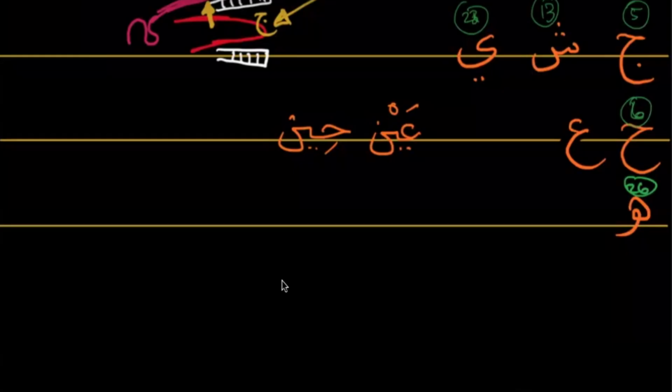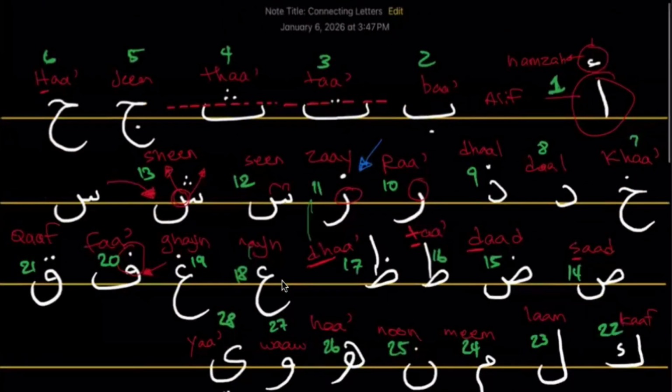As for ha, letter number 26, its real sister is letter Hamza. Hamza makes the sound ah. We're going to designate it as letter number 1, Hamza. Up here, see Alif? You know the letter Hamza there?